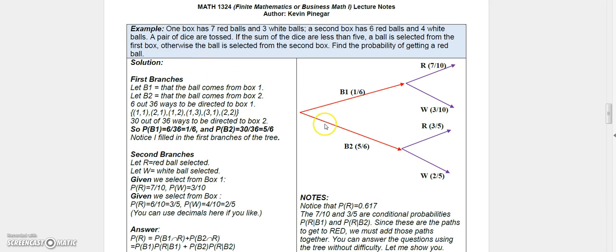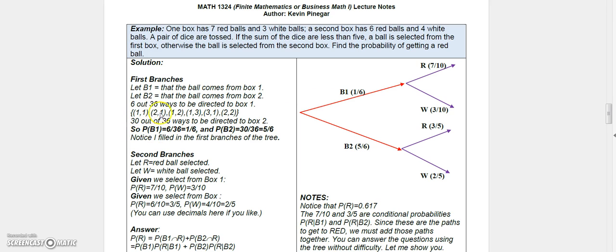Well, the first thing, let's draw the diagram. This is box 1. If you calculate how many numbers are less than 5, there are 6 ways that you can get a number less than 5 if you toss a pair of dice.